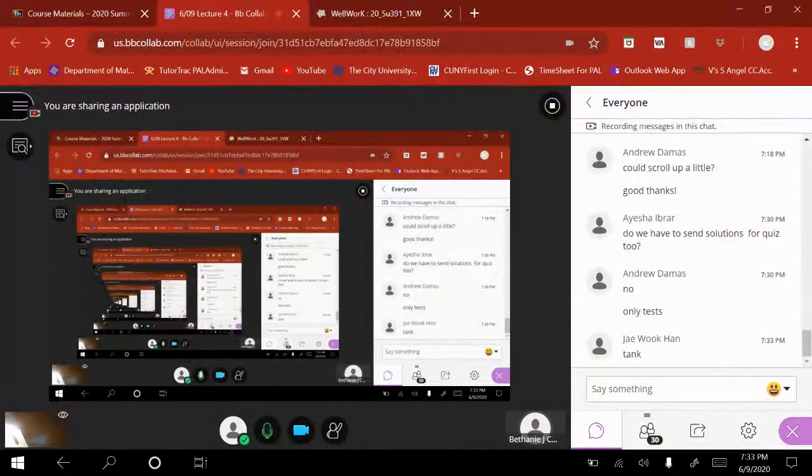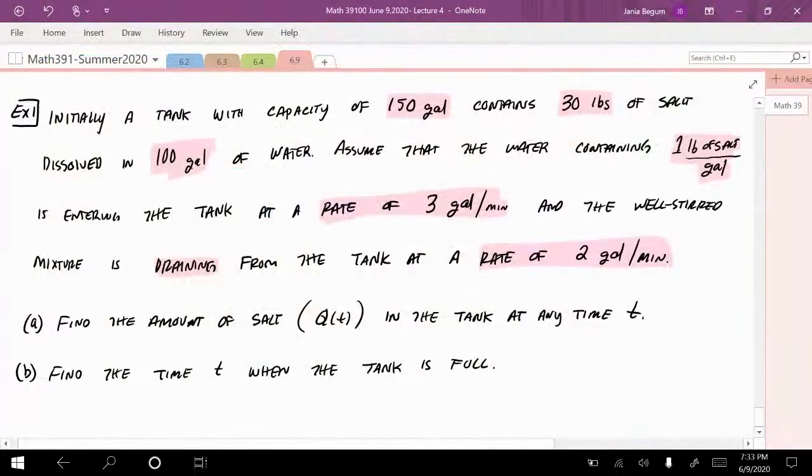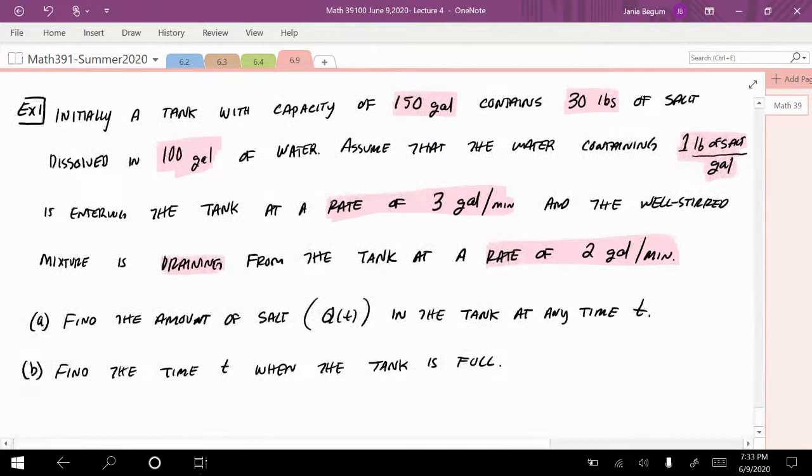Right, the tank, right? So the capacity is 150. That means that's how much it can hold, right? So that's not really V0, because V0 would be the initial amount in the tank. Capacity is in general how much this tank can hold before it starts to overflow, okay? So I'm going to hold on to 150 because that's not V0.